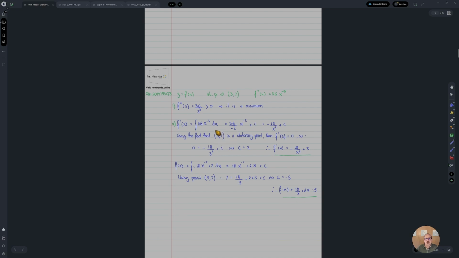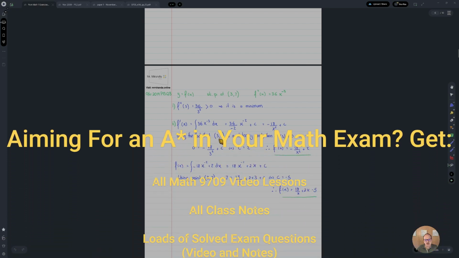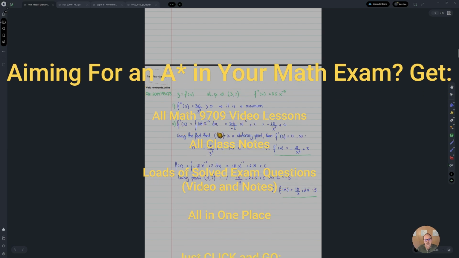is a stationary point. What does this mean? This means that if you substitute x by 3 in the expression that you have here, you don't have 7. You have 0. Don't forget what this is. This is an expression for all gradients. So if you know that this point is a stationary point, what does this mean?